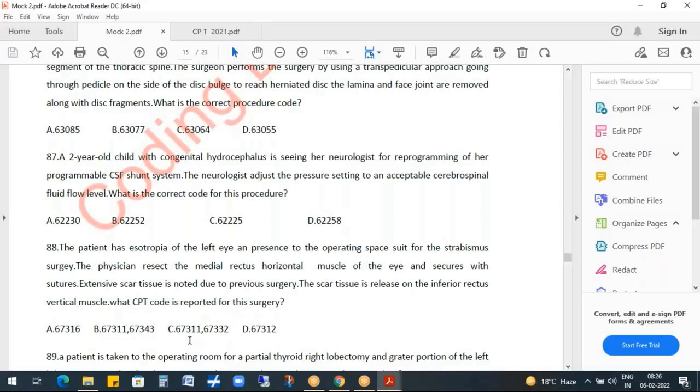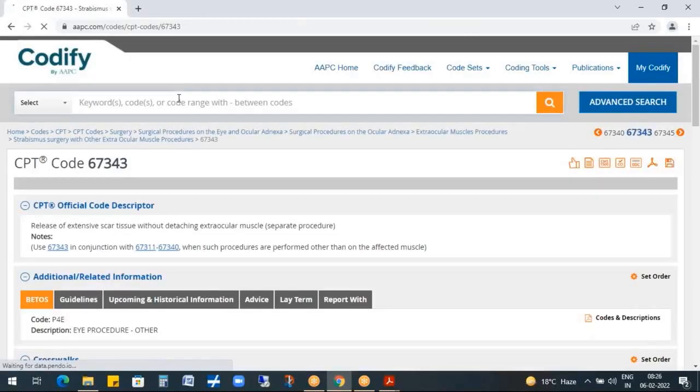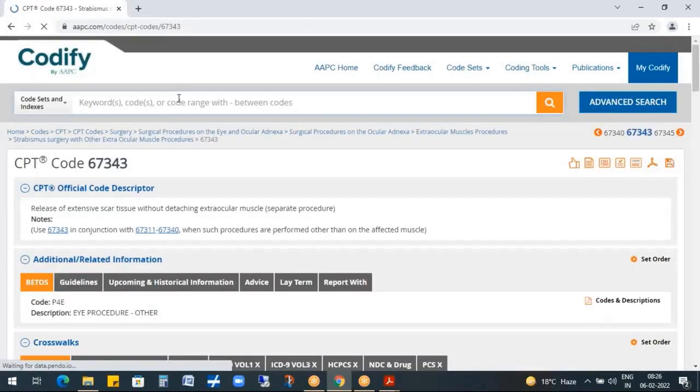343 is a separate procedure. Let me check for one minute. 67343, right? Yes, sir, 343 is correct. When can we use this 343?